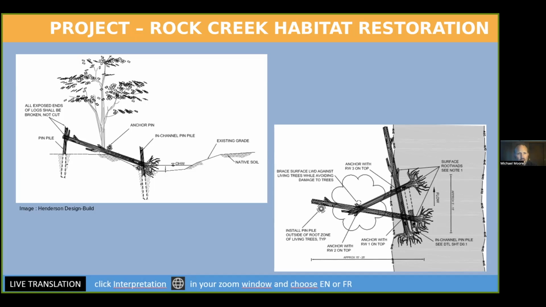And then a couple details to note here, using anchor pins, in this case, driving rebar through the logs to provide stability at their cross connections. And then one other detail to note here is that these projects often specify that the logs, in the upper left corner, the note says that all exposed ends of logs shall be broken and not cut. And that is with the intent of mimicking the natural conditions.